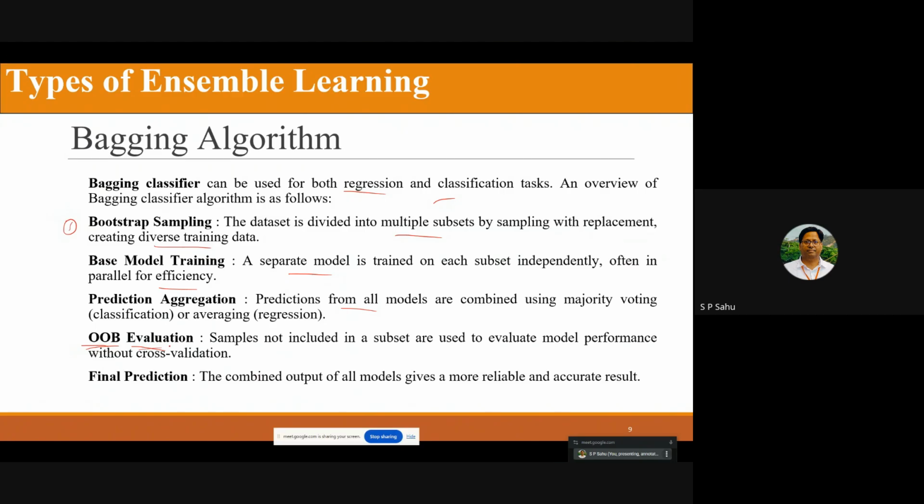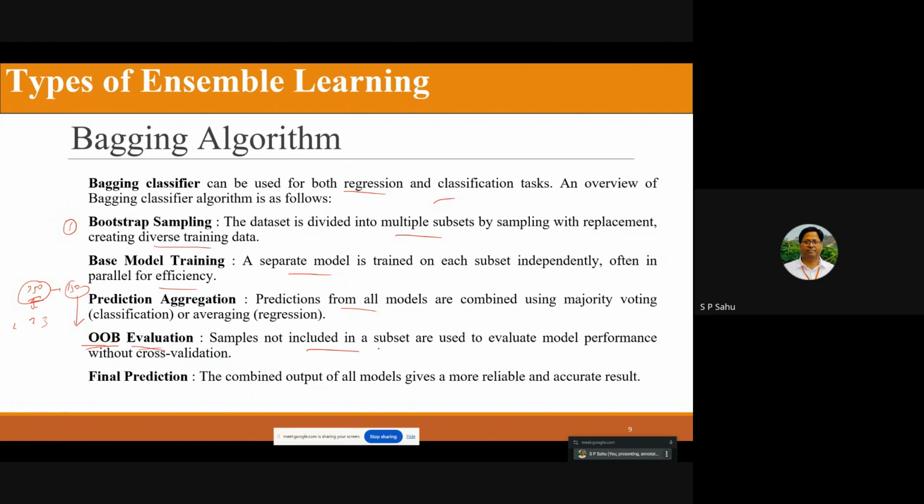Out of bag evaluation is the validation method for this bagging algorithm. As I have already told, out of 900 samples, 750 samples have been assigned for training different models, models 1, 2, and 3, and 150 samples have been used for evaluation or testing.